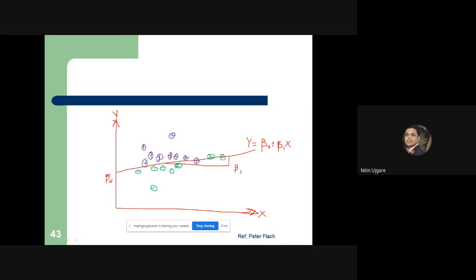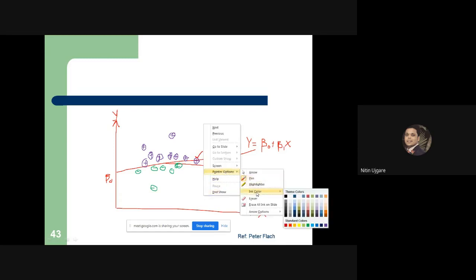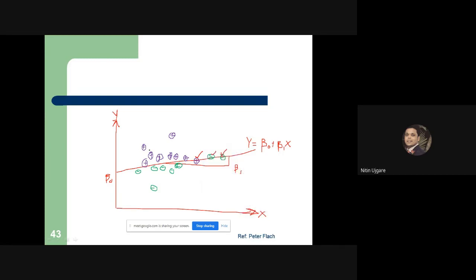Okay. So, if you observe these three instances, they are on the line. That means the error for these three instances is zero. The line has zero error for this instance, this instance, and this instance. However, if you go to this instance, the distance of this data point from the line is at this position.